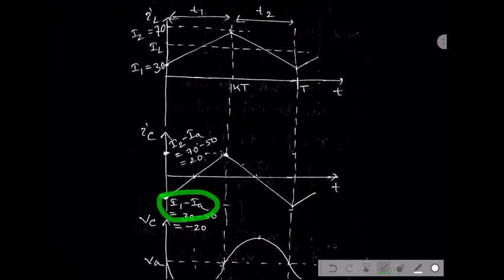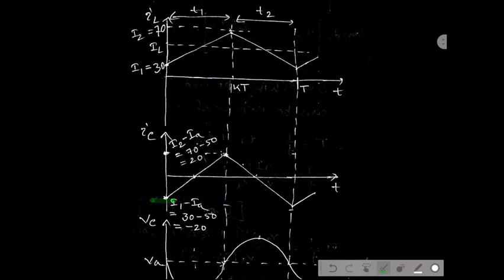We assume I1 is 30 ampere minimum and I2 equal to 70 ampere maximum. At this point IC will be I1 minus IA, that is 30 minus 50, which gives minus 20 ampere. That is why it has started from this point.